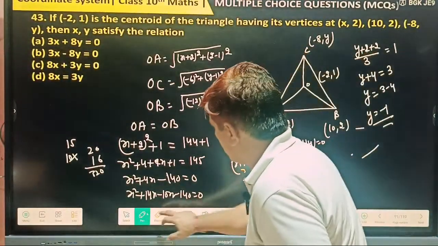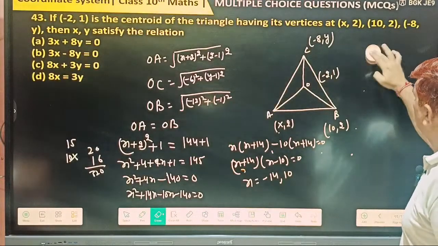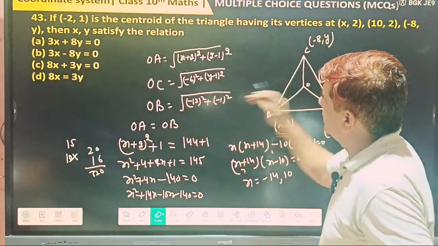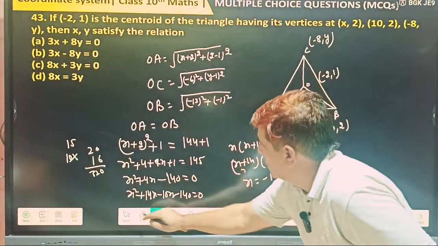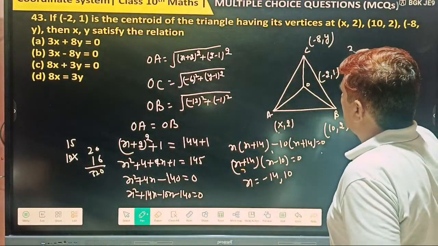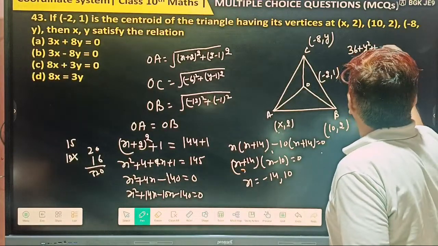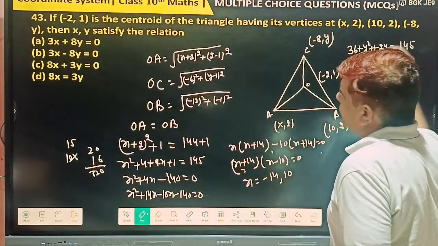Similarly, taking the next part of it. Again OC equal to, its meaning is what? 36 plus y square plus 1 minus 2y is equal to, again, 145.